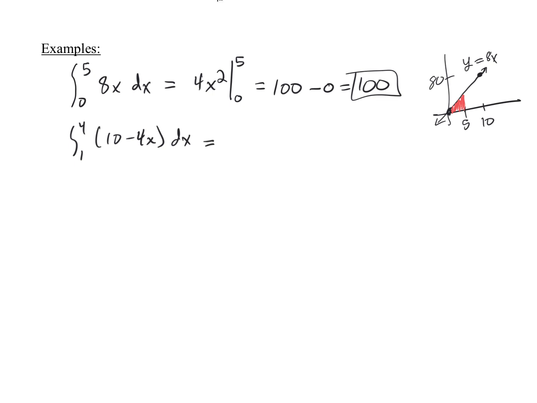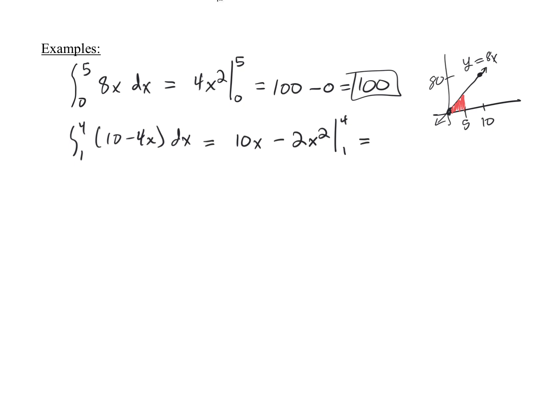Okay, so that would be 10x is a function that would give me 10 as its derivative, minus 2x squared is a function where if I took this derivative, I would get the 4x. So we've found an antiderivative. We want to evaluate this antiderivative at 4 and at 1, and then subtract the results.